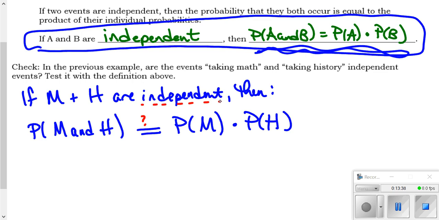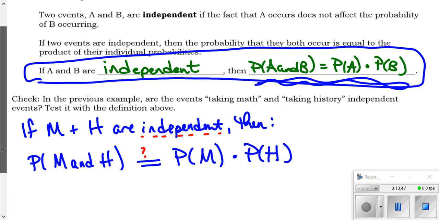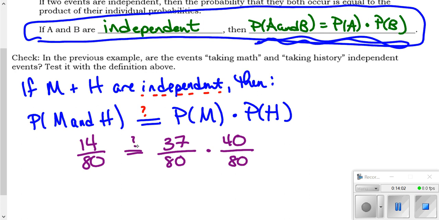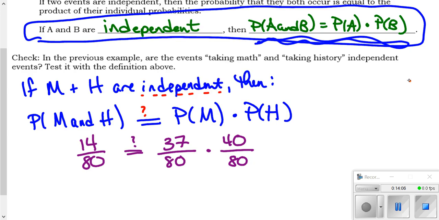But we just found all of these probabilities. In the last question, the probability of math and history was those 14 folks out of the 80. The probability of taking math, there were 37 people out of 80. And the probability of taking history, there were 40 out of 80. So I need to see if this is a true equation or not. So I'd get out my calculator, and this fraction is 0.175.